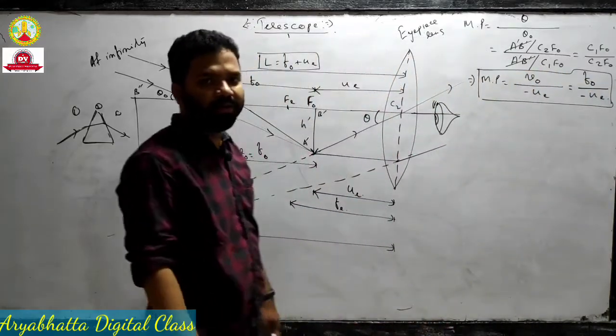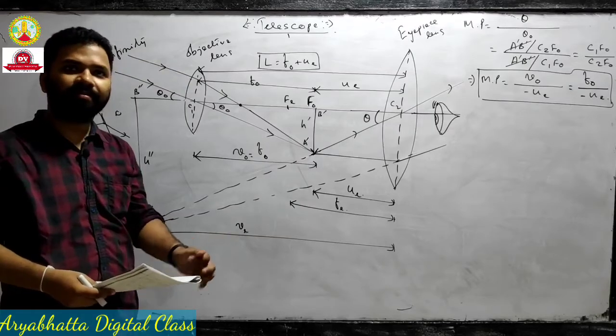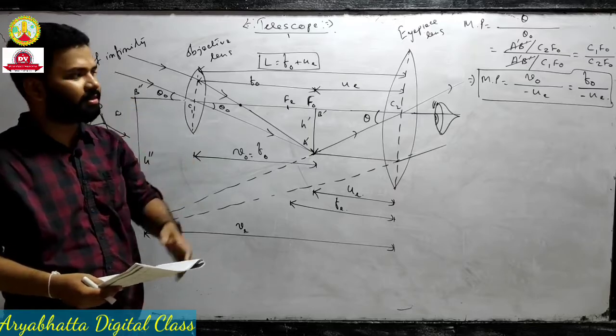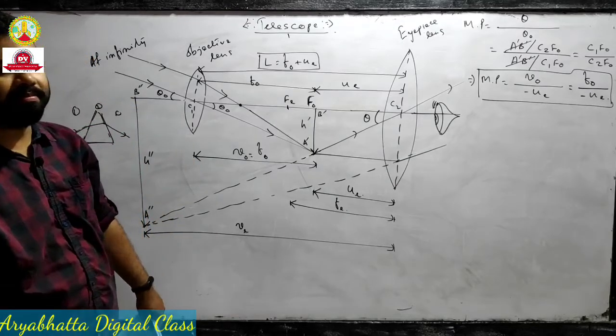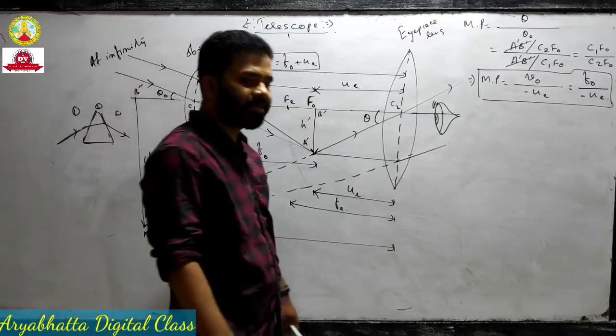Now you already know there will be two situations. One is when magnifying power is minimum, that is when the image is formed at infinity, and another one is when the magnifying power is maximum, that is when the image is formed at least distance of distinct vision.